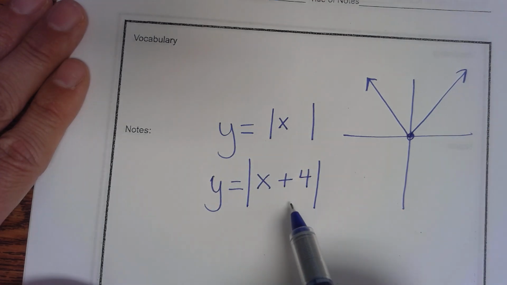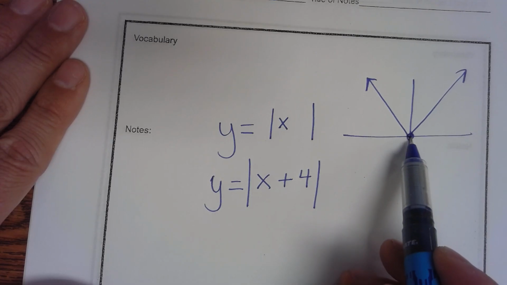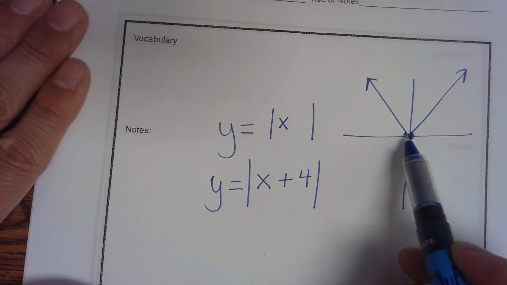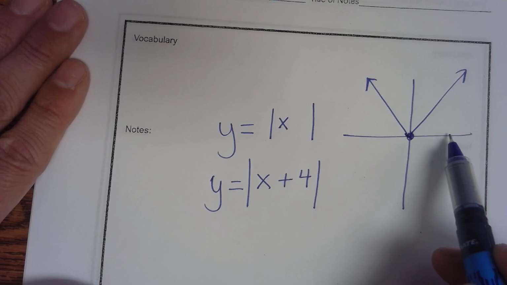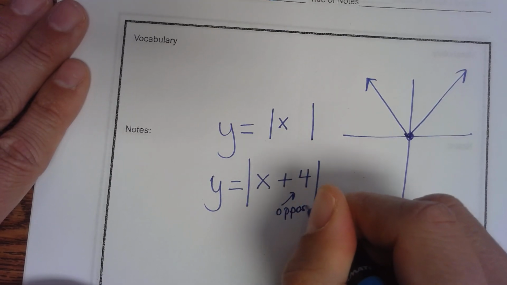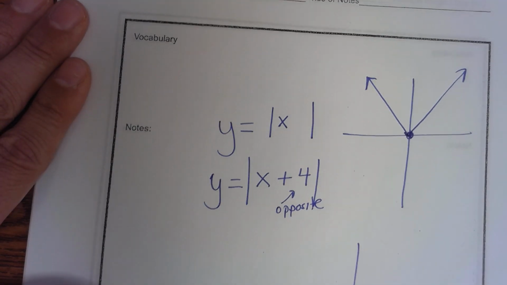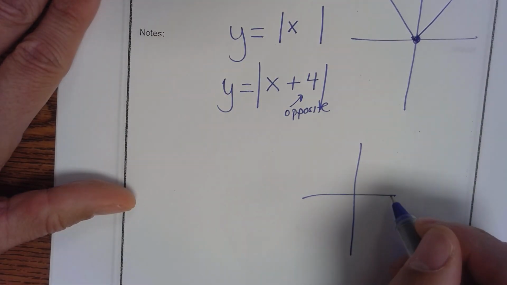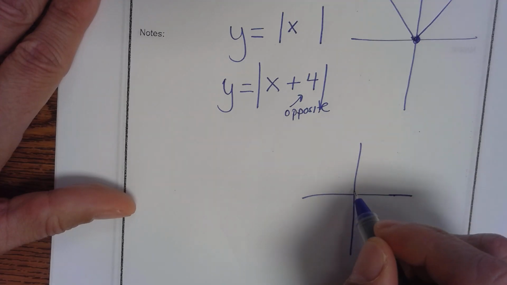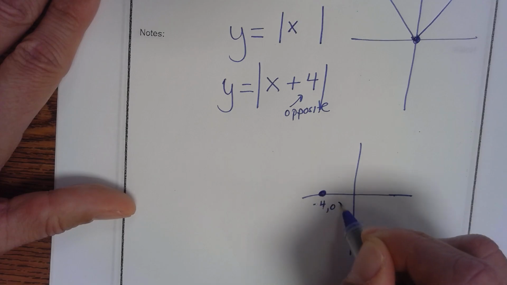But because this is absolute value, the vertex where the absolute value starts doesn't go to the right for a positive. It actually will always shift the opposite. So x plus 4, absolute value, if you were to graph this, you would shift it to the left for a negative 4. So this point would be at negative 4, 0.